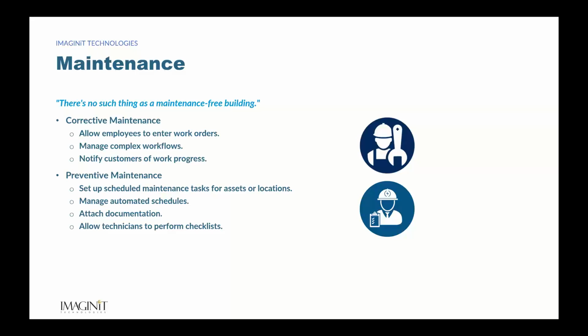Then on the preventive side, we can set up all those scheduled tasks, manage when they come out so that we can make sure that things don't get missed. We can attach documentation so that it's at their fingertips. And we can even set up either simple or complex questionnaires and checklists so that it's easy to make sure that things are done, that there's a really good paper trail, and also allow things like triggering additional work requests if we find a deficiency when we're doing the preventive maintenance.